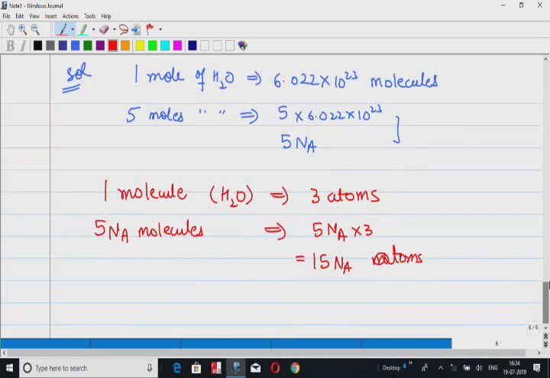Yes, now the answer is correct. You people can just check it. 6.022 into 10 to the power 23. You can just check it, you will get to know. Got the concept?